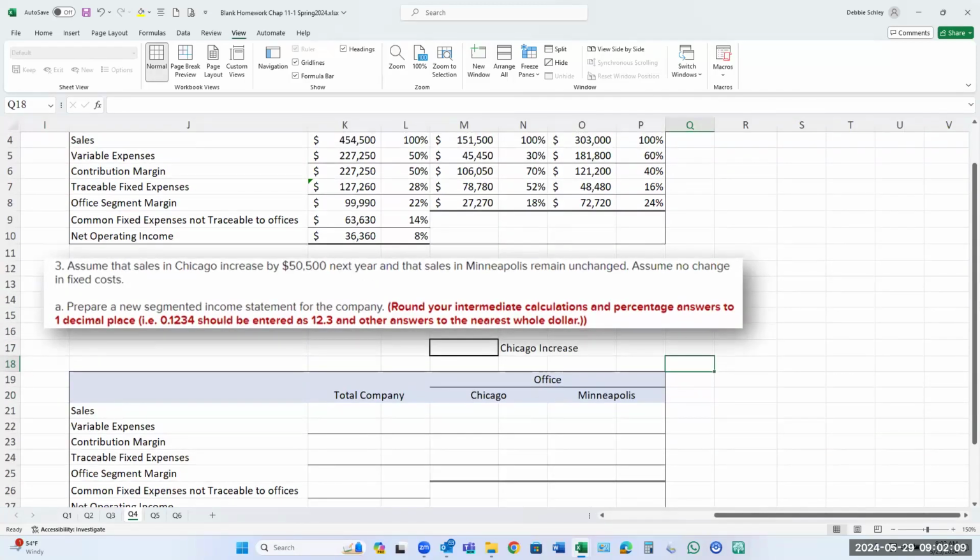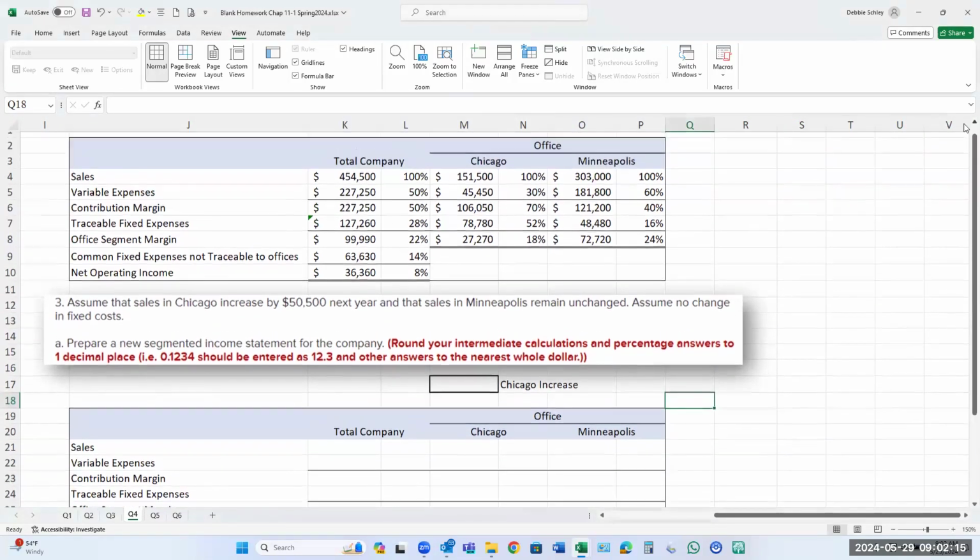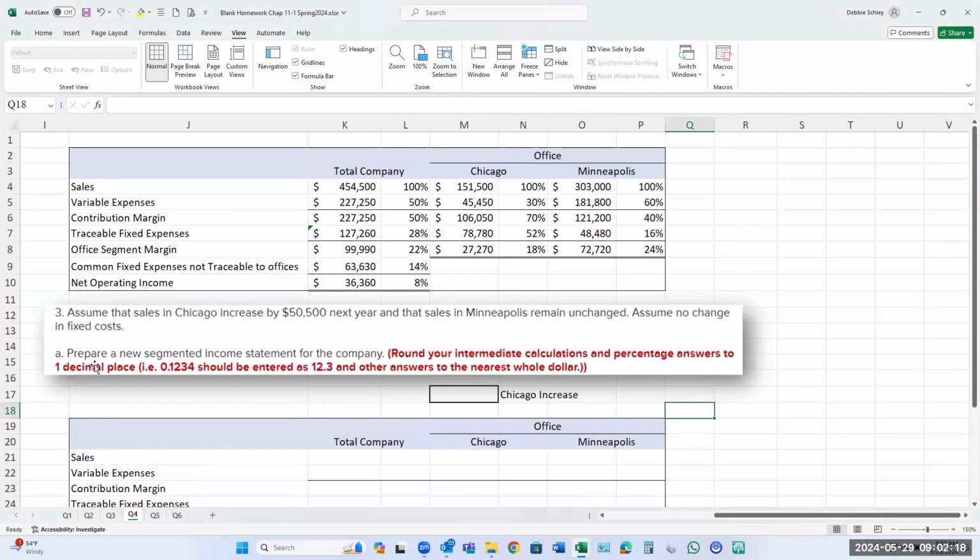Okay. Question 4. This is the one they added. So we're the same company still. Now we're going to assume that the sales in Chicago increase by 50,500.